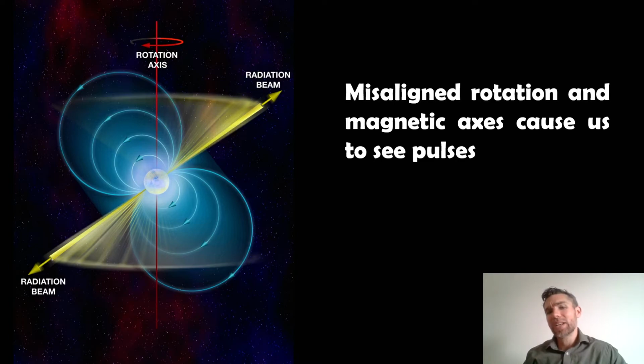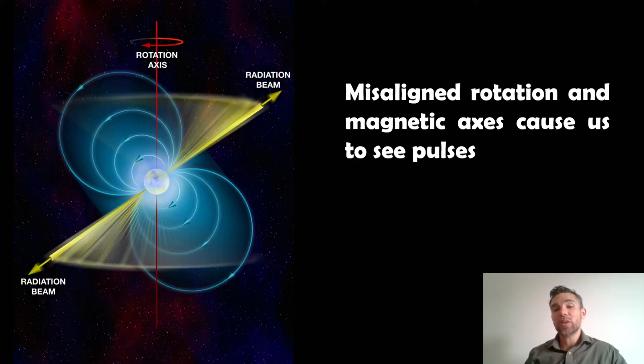So back to these jets, these beams that are coming out. It's really fast rotating, but then you have these beams of very high radiation, which are not aligned to the rotation axis. So it's a bit like a lighthouse, really. These beams are sweeping out as it's rotating.